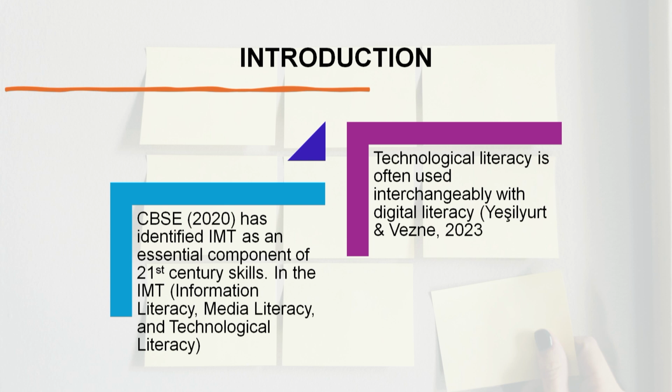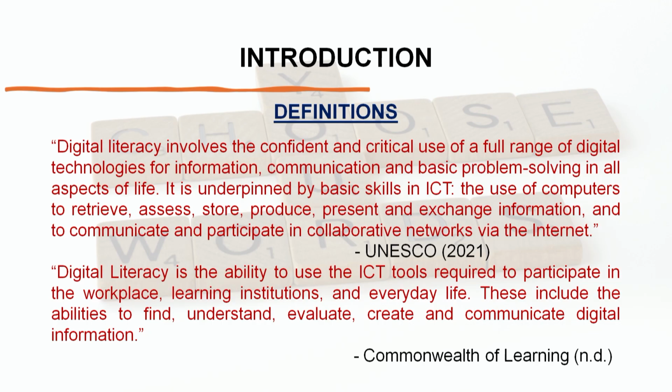So, we can define digital literacy as the following definitions. Digital literacy involves the confident and critical use of the full range of digital technologies for information, communication, and basic problem solving in all aspects of life.